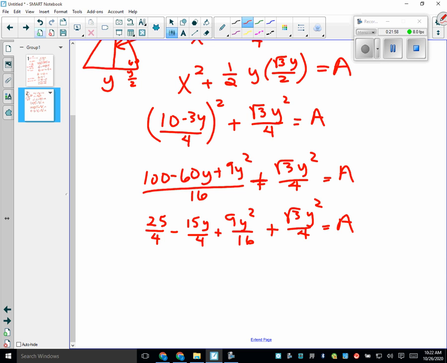All right? Which is negative 15 fourths plus 9y over 8 plus radical 3y over 2 equals 0.